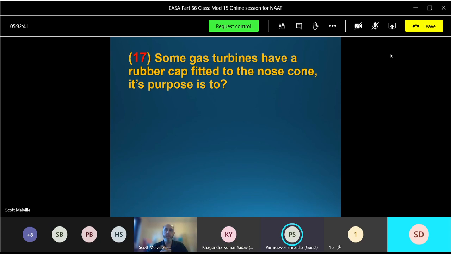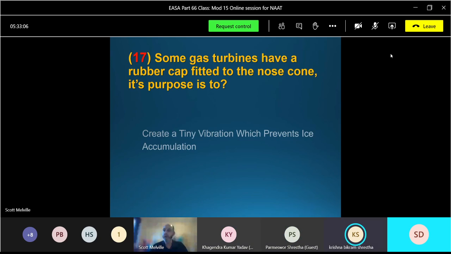Create vibration. It does vibrate, so what's it going to prevent? If it's vibrating, what's it going to prevent forming up in a cold type environment? Ice accumulation. Dead simple. A little rubber tip to the cone, a little vibration stops any ice formation. So tiny vibration prevents ice accumulation.